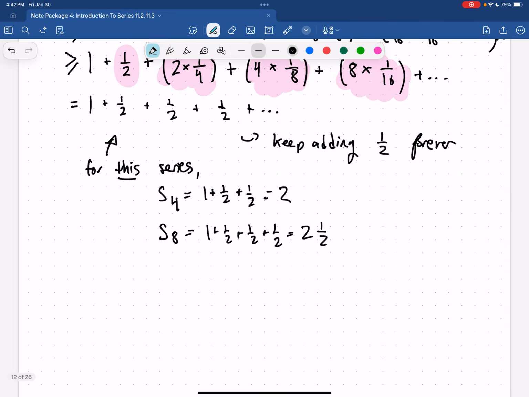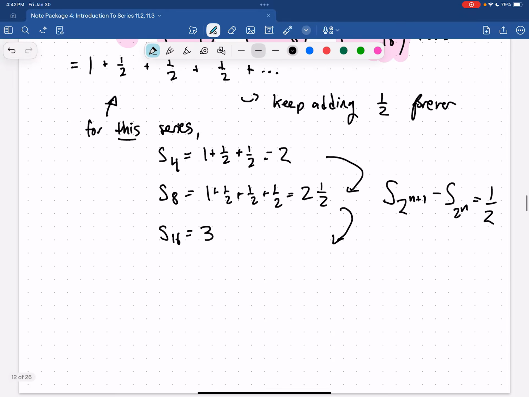S16, the sum of the first 16 terms, would be 3. Then S32 would be 3.5. And we can keep going forever with that. Basically we get the pattern that S_{2^(n+1)} minus S_{2^n} is 1/2.